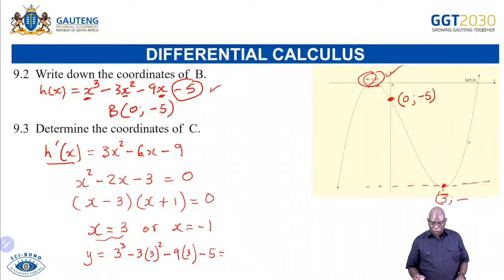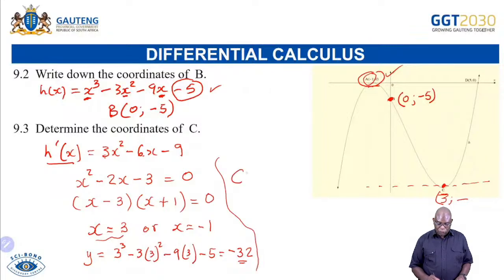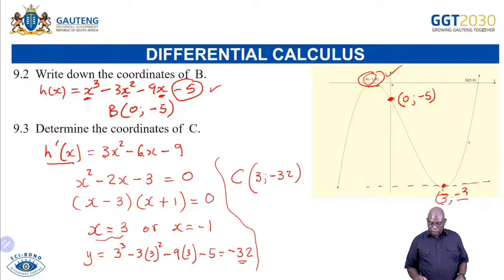If I use my calculator, then I'll get -32. So meaning that the coordinates of C are going to be 3 and -32, which I think will be correct.